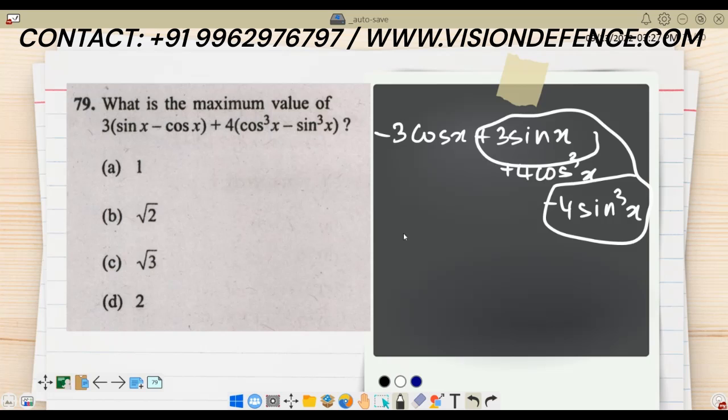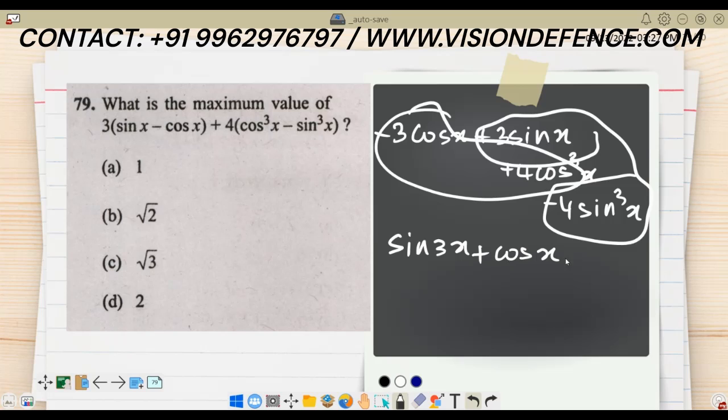These two will become sin 3x, right? And these two will become cos 3x. Because both are positive, the maximum value for this is 1. The maximum value for this is 1. So the answer is going to be 2. Right? So 1 plus 1 is equal to 2. Moving on to the next question.